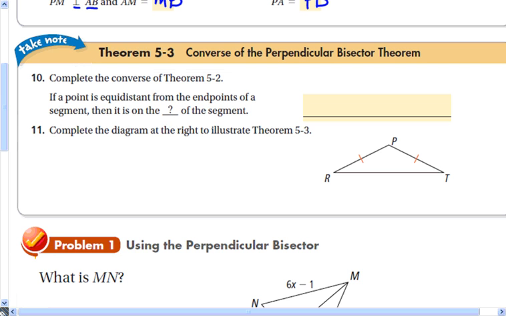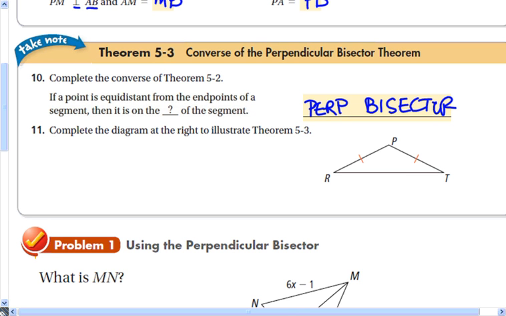And the converse of that: if a point is equidistant from the endpoints of a segment, then it is on the perpendicular bisector of the segment.